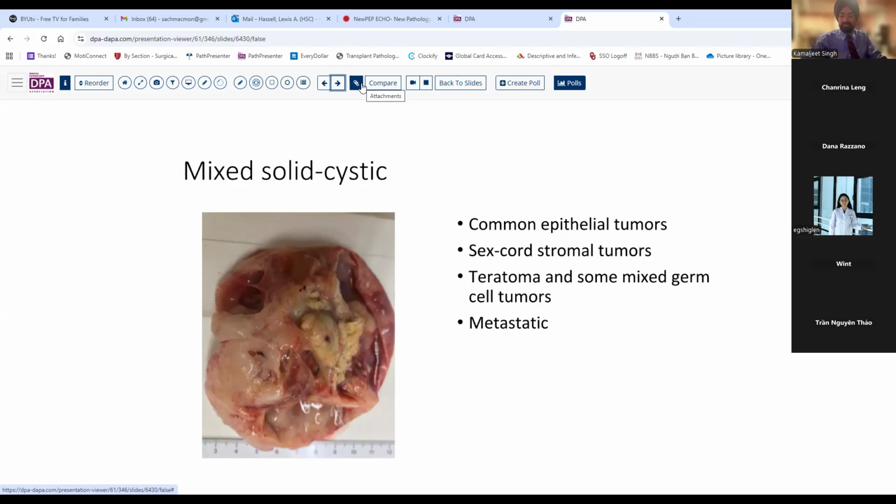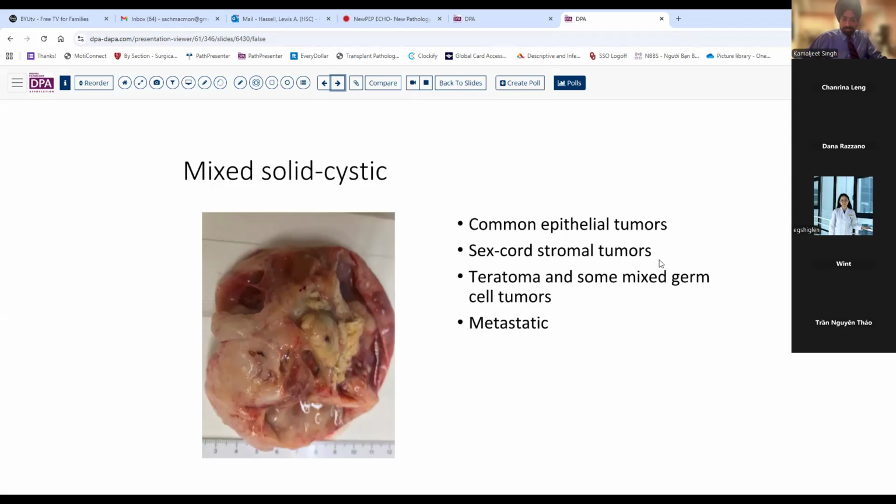Yeah, that 10% rule is something to be mindful of, and that again underscores the importance of gross evaluation in your interpretations. So here's a gross image of what I would consider a mixed solid and cystic tumor. And this is really, I think, the most diverse differential diagnosis category of these gross tumors, because you can have certainly common epithelial tumors, high-grade serous carcinomas, endometrioid tumors, and so forth that have this mixed feature.